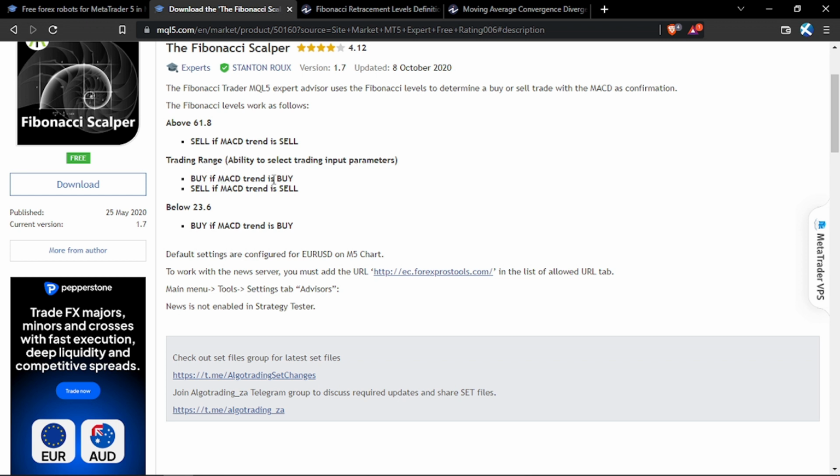It also identifies trading ranges, and it also uses below 23.6, which is a buy if the MACD trend is a buy. So now let's take a closer look at Fibonacci levels and the MACD.